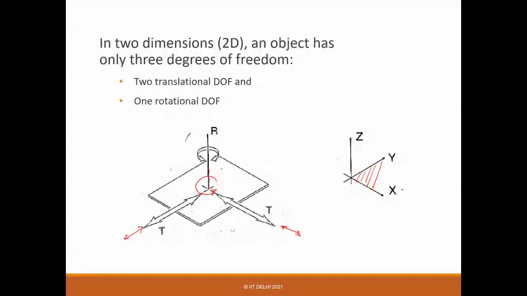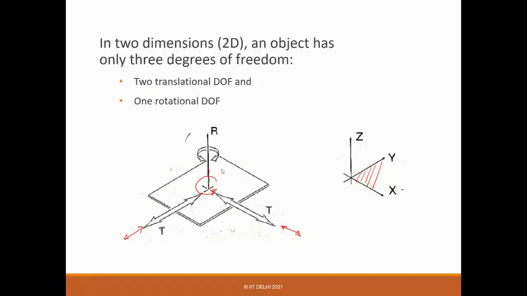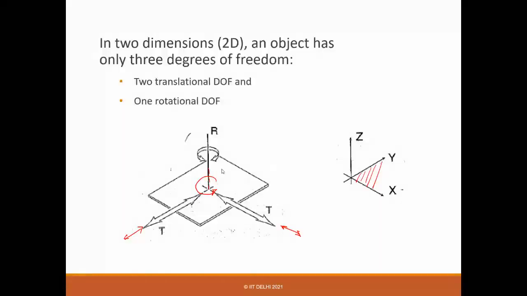The object is still in plane, but it can still rotate, so don't forget the rotation part: XY and the rotation along the Z direction. So in 2-dimensional space, the total degrees of freedom possible is 3. How we can achieve that in reality, we will talk about later.